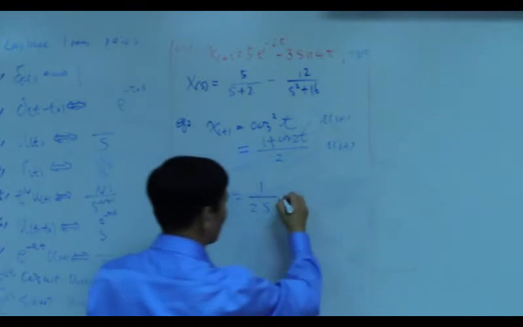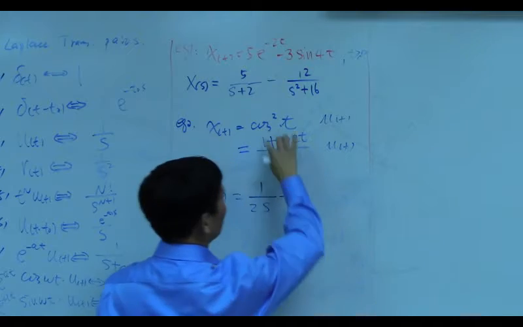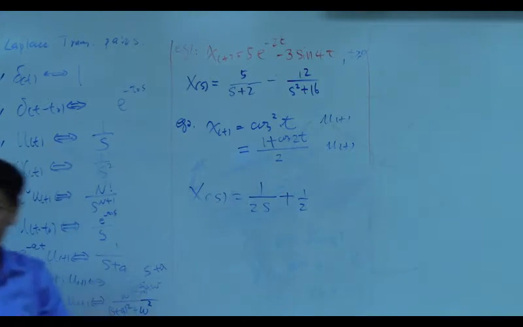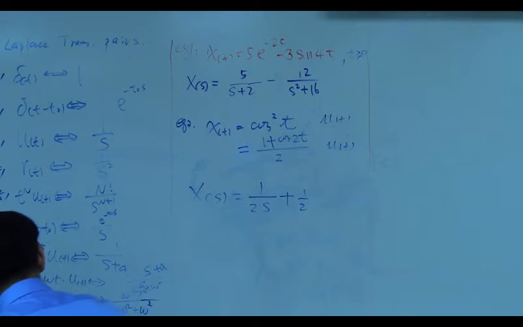Now the second part, I write the half here first. Now it's your turn. Which formula are you going to use? This one, right? This a equals 0, so just s squared plus omega squared on the bottom, on the top is omega. Well, wouldn't it be s actually, because it's cosine? A is nothing, a is 0. Okay, I'm talking about number 8.